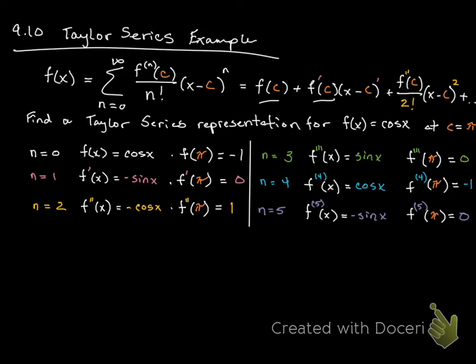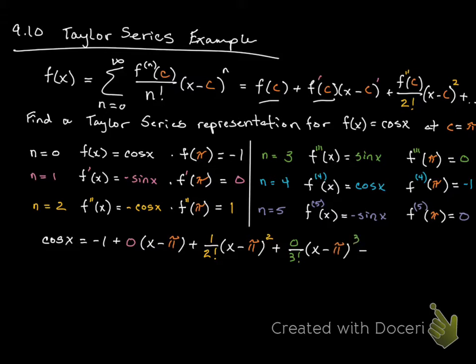Okay, so my function then, cosine, should be minus 1 for the first term, that's the function evaluated at c, plus 0, the derivative evaluated at c, times x minus pi, plus the second derivative evaluated at pi, which is 1, divided by 2 factorial times x minus pi squared, plus another 0 for when n is 3, x minus pi to the third, plus the fourth one there is a minus 1.